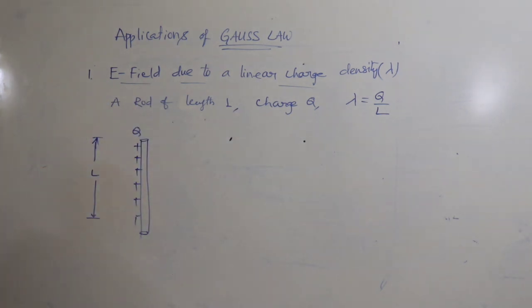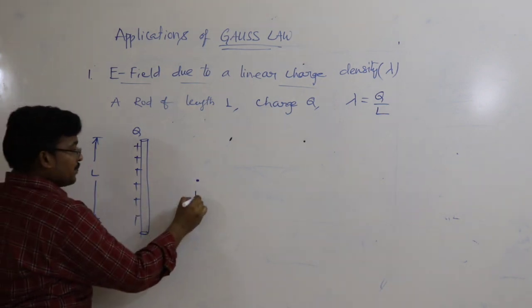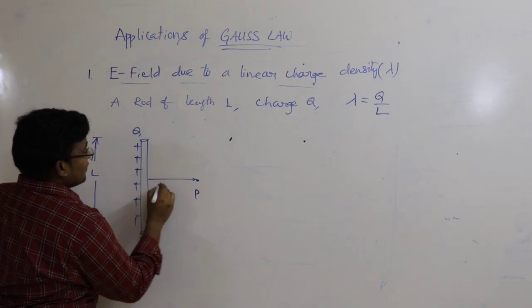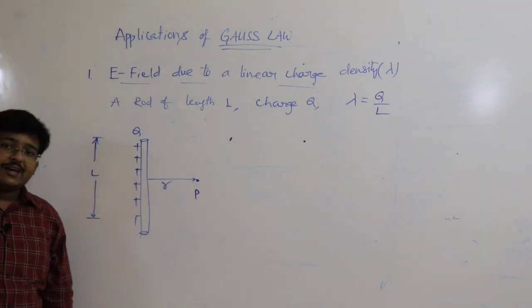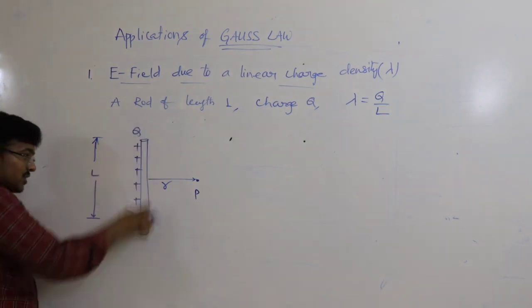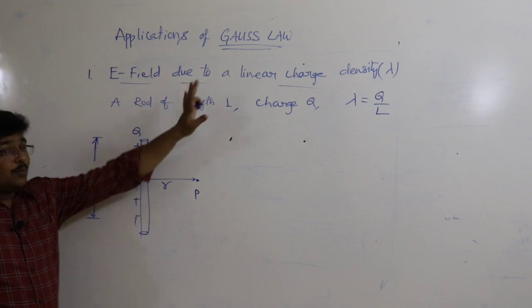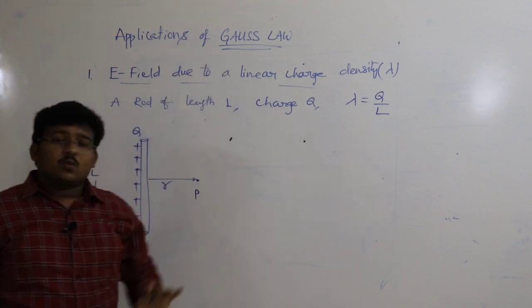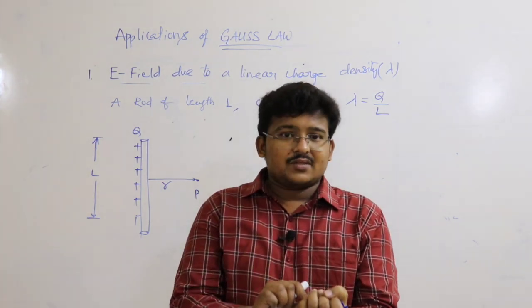I want to find the field at this point P, which is at some small distance r. So I want to find the field at this point P due to this rod, okay. Now I am using Gauss law. What Gauss has given is, you just form a closed surface.